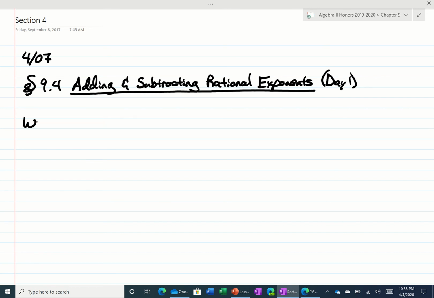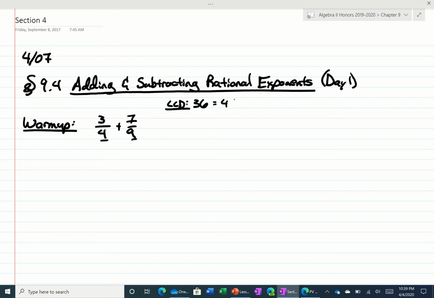Alright, so just as a warm-up, whenever we add or subtract rational exponents, it sounds kind of fancy, but what if we just had 3/4 plus 7/9? Those are rational expressions. Two fractions, we need a common denominator. What would the LCD be? Well, we need a factor of 4 and a factor of 9, so 36 would be the LCD.